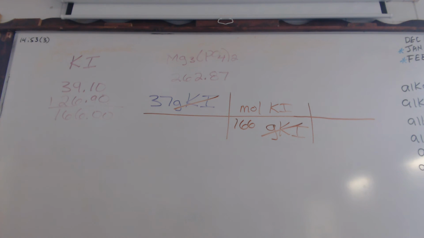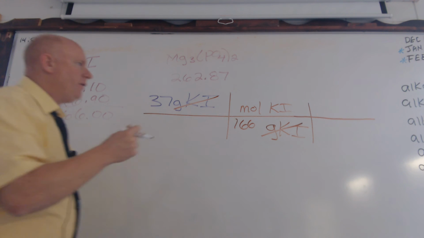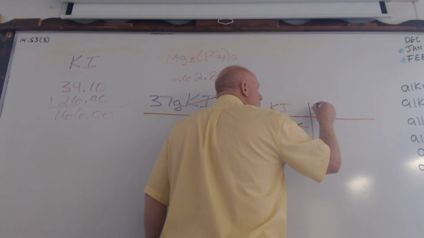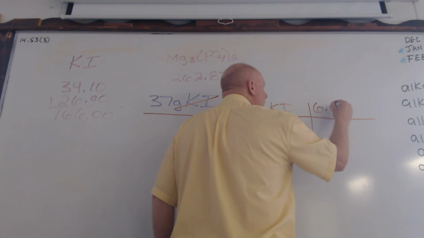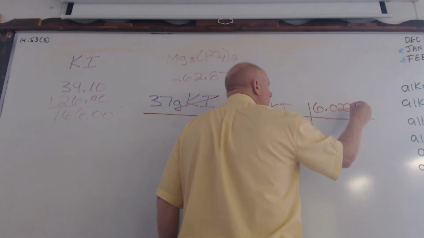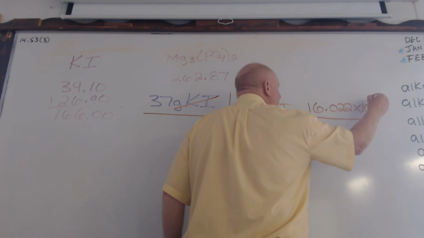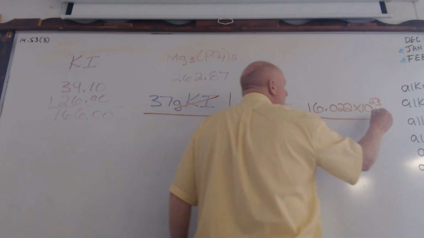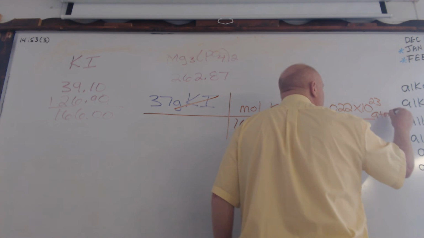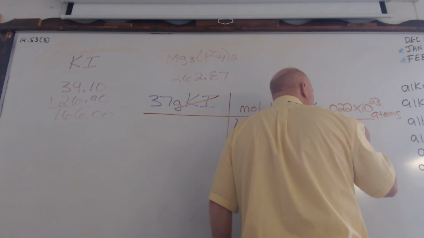What was that constant that we used? Avogadro's number, which was 6 something. So that number would go here, 6.022 times 10 to the 23rd atoms for every mole of that.